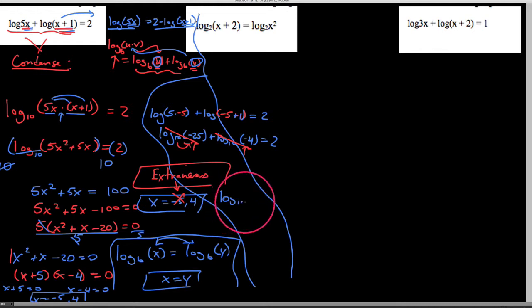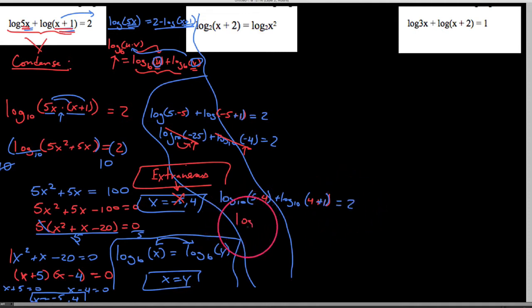We say log base 10 and we have 5x, so we say 5 times 4 plus log base 10 of, and we had x plus 1, so we say 4 plus 1. It should be in blue here, that plus 1, and this equals 2.